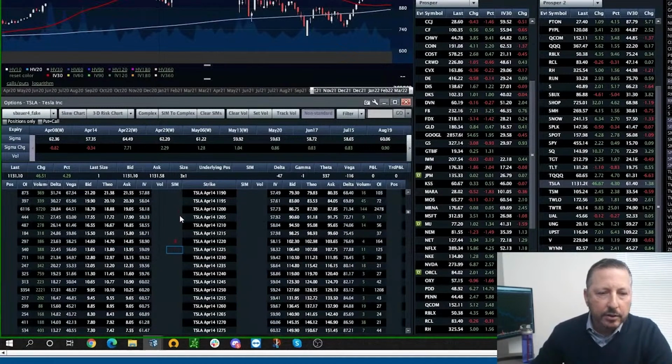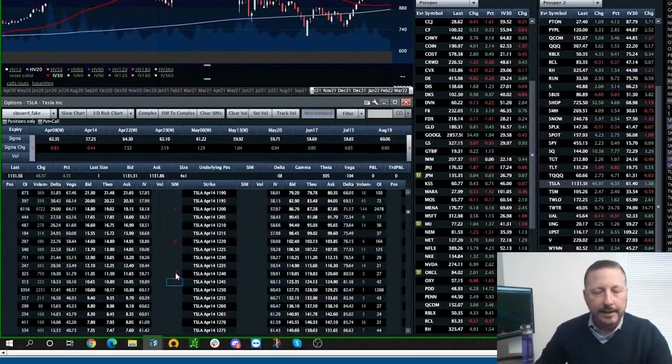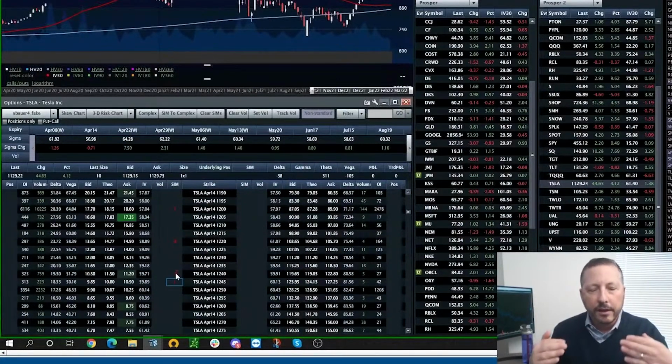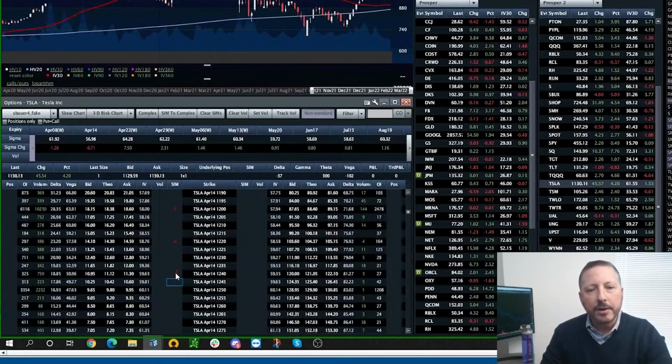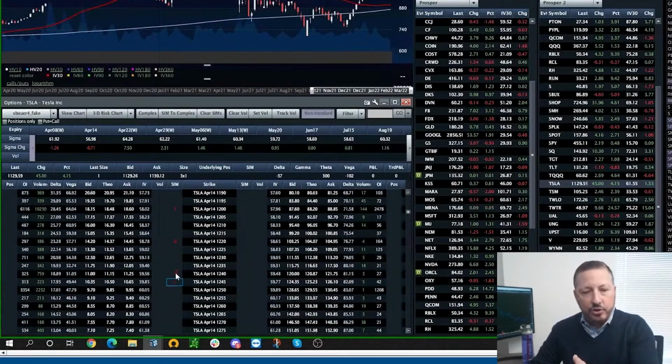So let's create a $20 wide butterfly, and we could create anything we want, $5, $10, $20, $50 if we want. The key is that the strikes are symmetrical, meaning the distance between the first strike and the middle strike is the same as it is between the middle strike and the last strike.